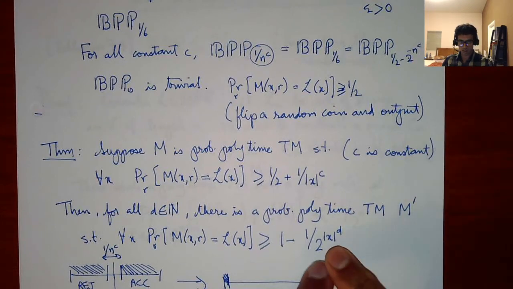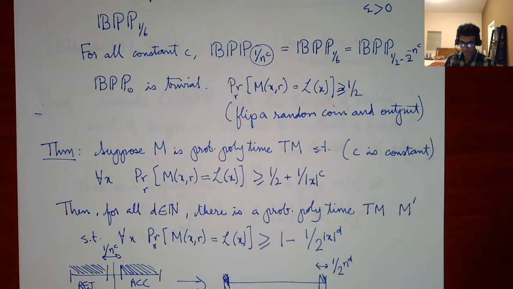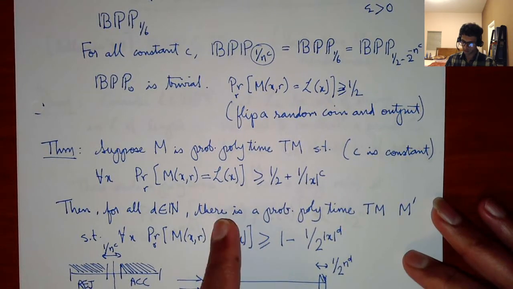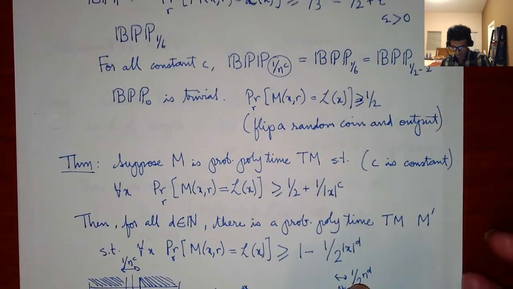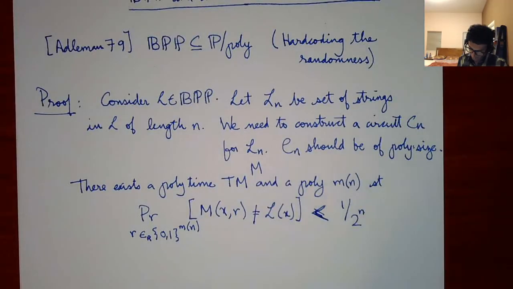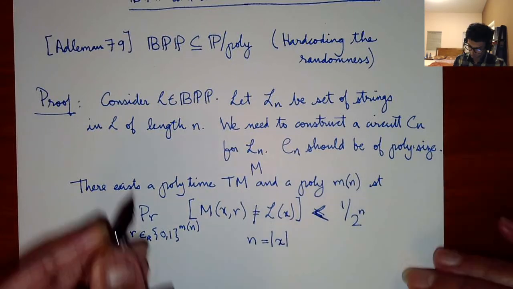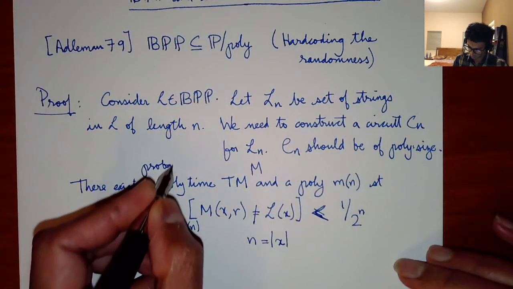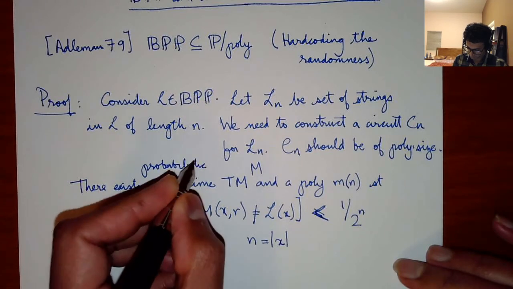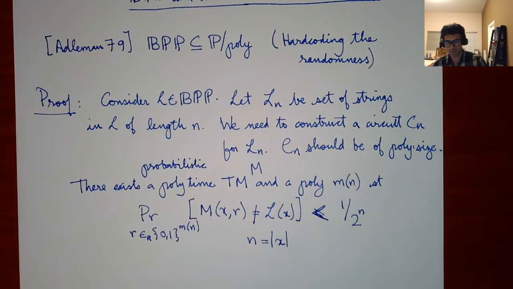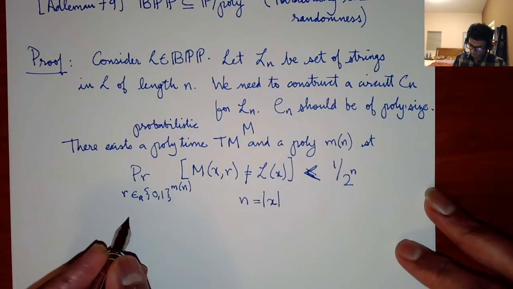So we can get it down to 1 over 2^|x|, just by setting d equal to 1. The probability that they're not equal is less than 1 over 2^|x|, where n is the length of the input x.